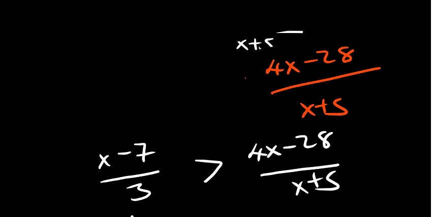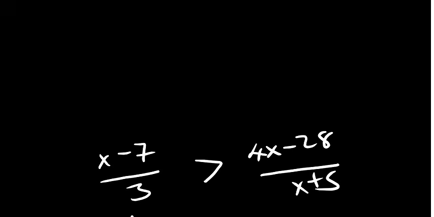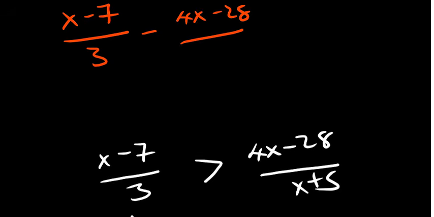So we've simplified it a bit. Let's try to simplify it more and see where we're getting. I'll maintain what's on the left hand side, which is x minus 7 divided by 3. I'll take this one to the other side, and it will become negative. So we have a negative 4x minus 28 over x plus 5 should be less than 0.